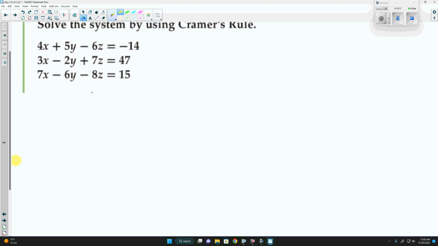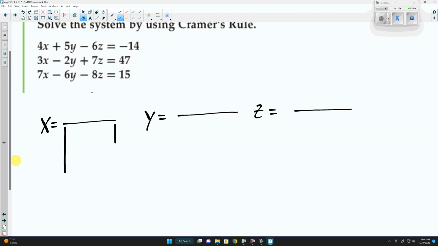But in either case, I would highly suggest writing them out first, so that way we know we have the matrices set up correctly. In all three of these cases, the denominators are going to be the exact same.